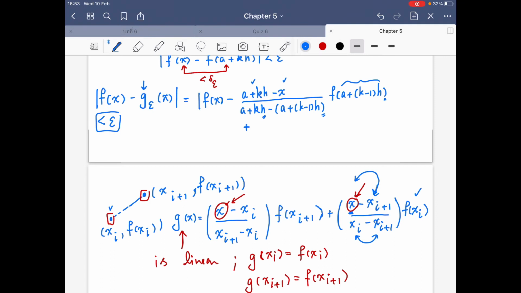and then you are going to add the next one, which will be this part, right? The right value. So we have your x minus the left given point, which is a plus (k minus 1)h, over (a plus kh minus (a plus (k minus 1)h)), okay, and multiply by this value on your right hand side, which is f at a plus kh.